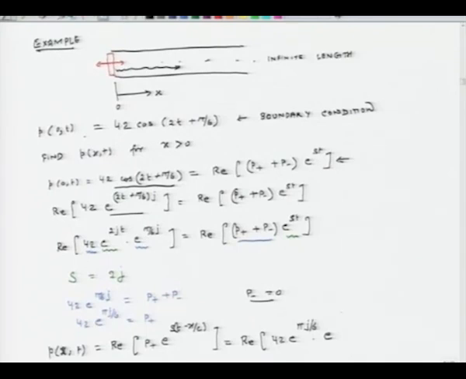So, s is 2j, times (t - x/c). So, that is my wave propagation equation for this particular example.